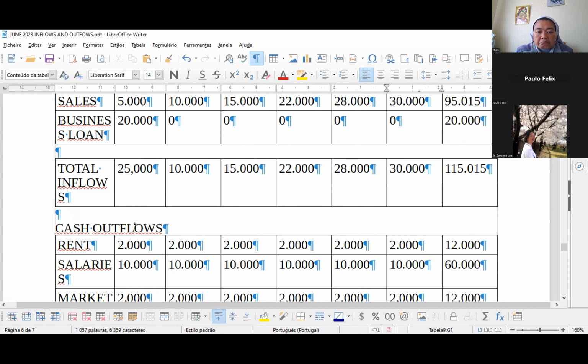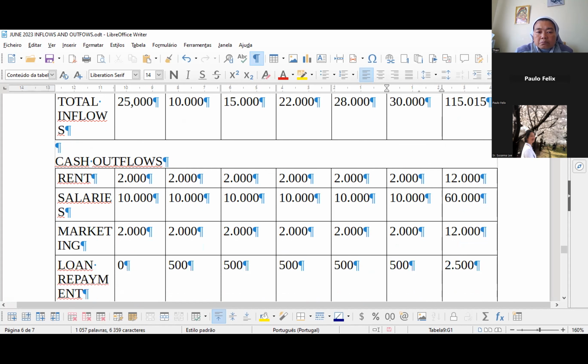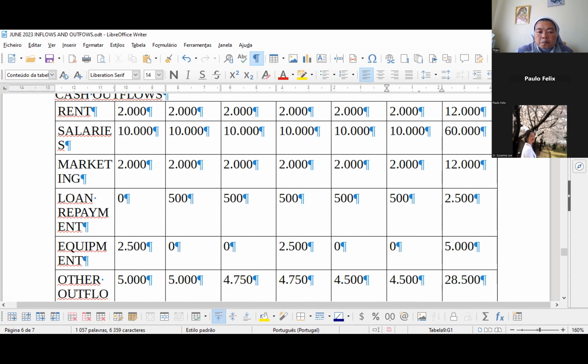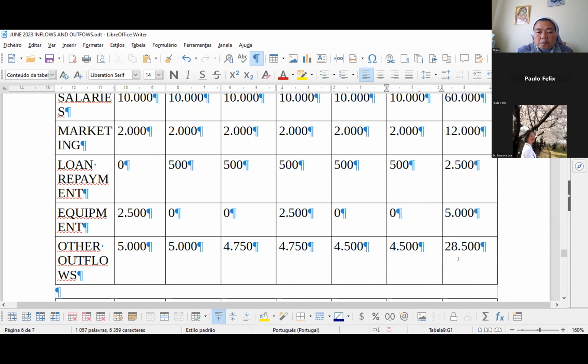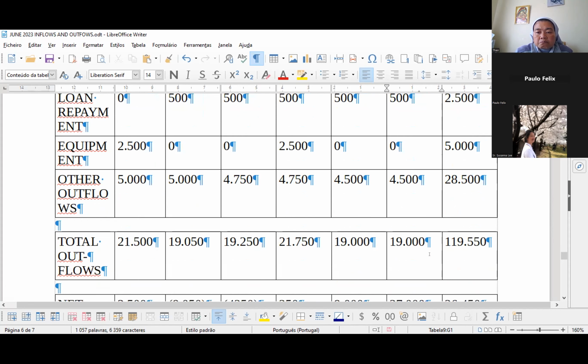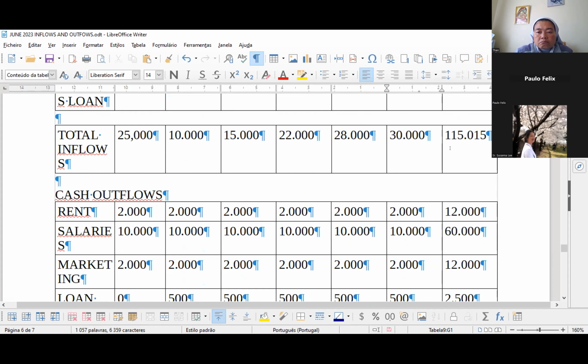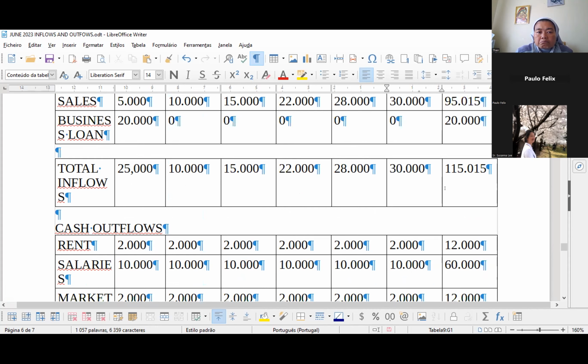Then as cash outflows, you have 12,000 in rent, 60,000 in salaries, 12,000 in marketing, 2,500 rands on loan repayment, and equipment 5,000 rands, other outflows of 28,500. So the total outflows is 19,550, while the inflows is 115.